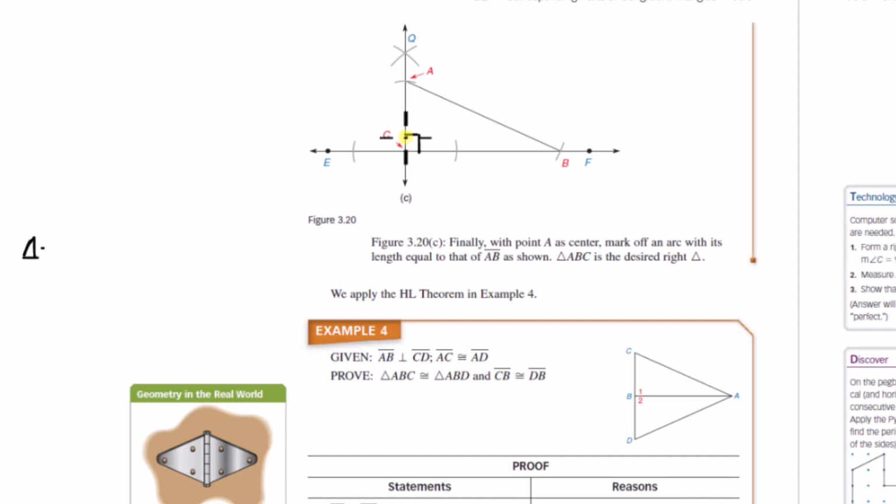It's because we fixed this angle here. If you think about it, they started by drawing these two lines perpendicular. Then they marked off the given length for side length CA. From that, we were restricted to this hypotenuse length, but the hypotenuse also had to go through this horizontal line somewhere.